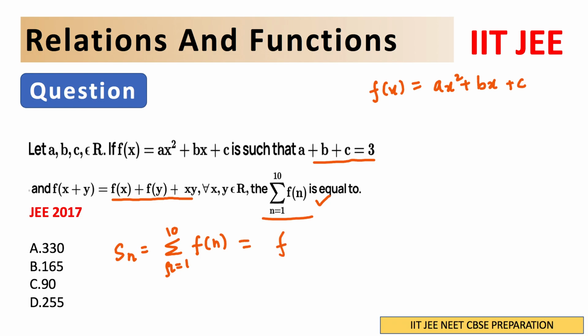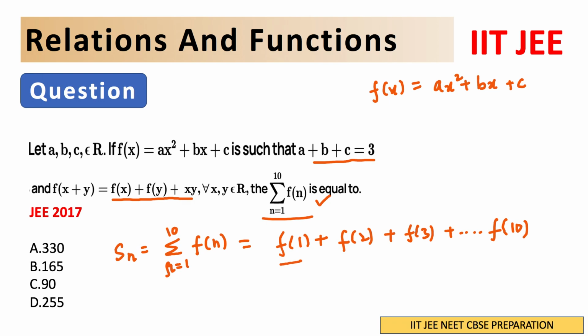Can I write this as f(1) plus f(2), and so on, f(3), till f(10)? Because there are how many terms? There are 10 terms, n is varying from 1 to 10. So f1 plus f2 plus f3 till f10, and this is what we have to find out.